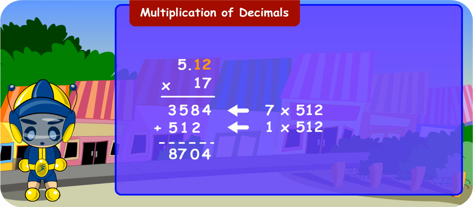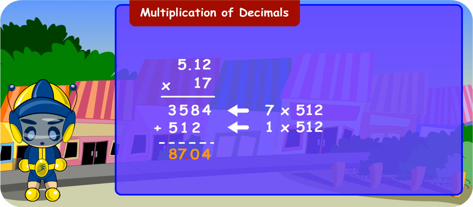Since there are two decimal places in the decimal 5.12, the answer will also be in two decimal places. Therefore, 5.12 times 17 equals 87.04. It is really like the way I multiply whole numbers, except for the last part.